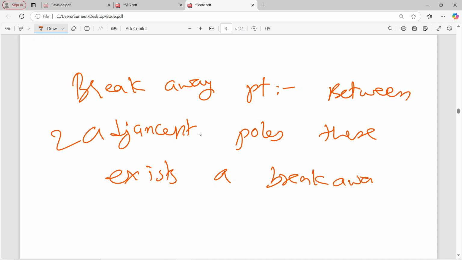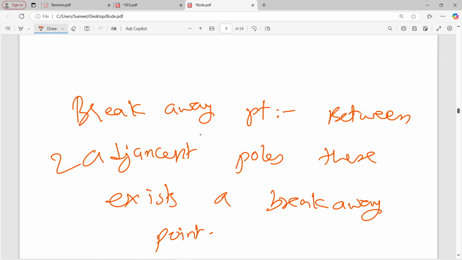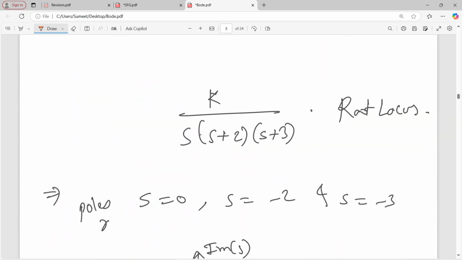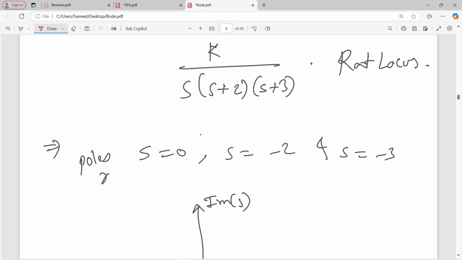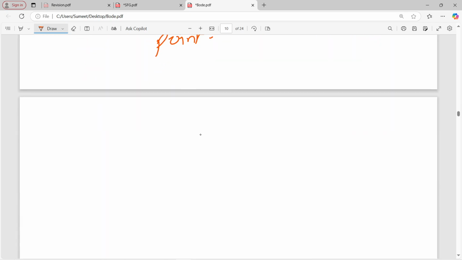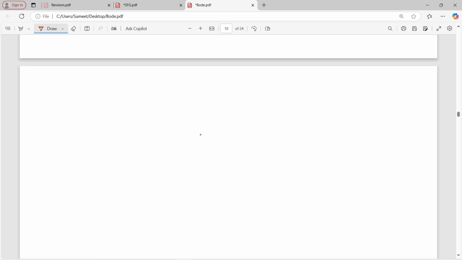Okay. Procedure is, this is the open loop transfer function given in the question. So first of all, find out the closed loop transfer function. Your closed loop transfer function will be simply, add the numerator in the denominator.